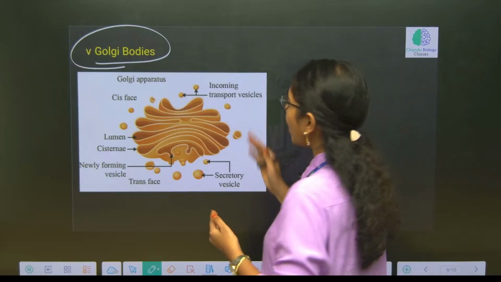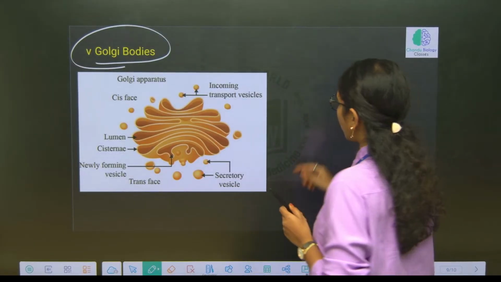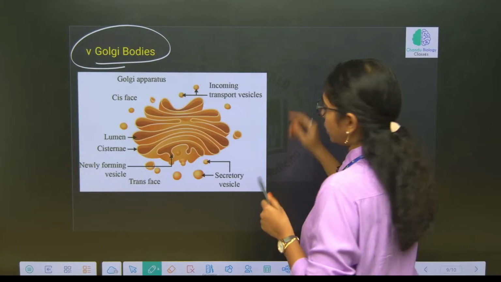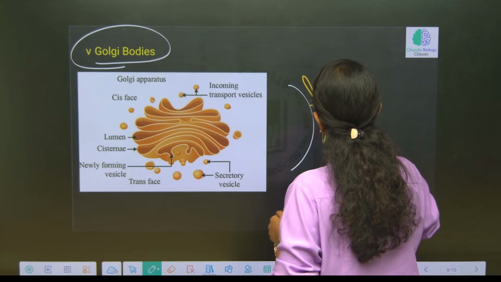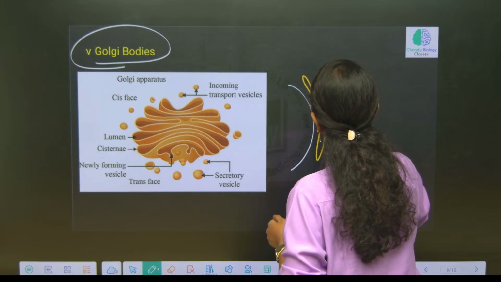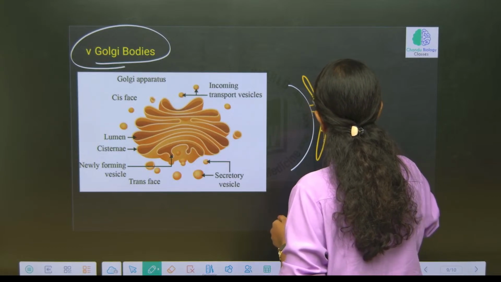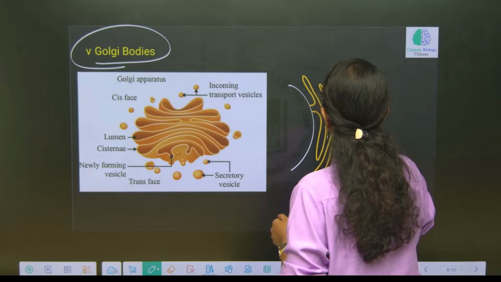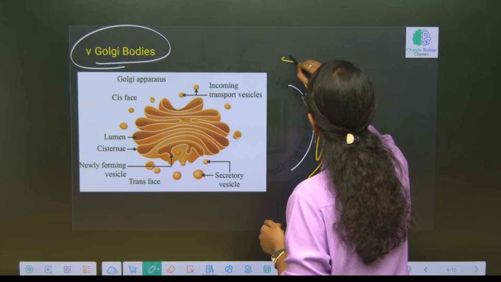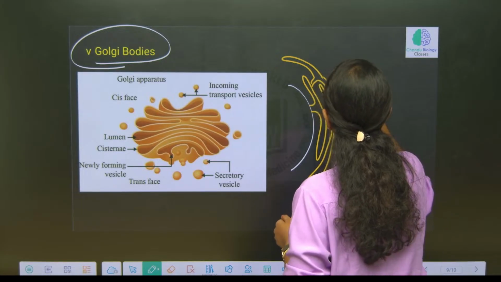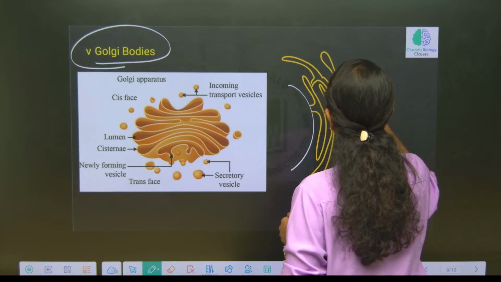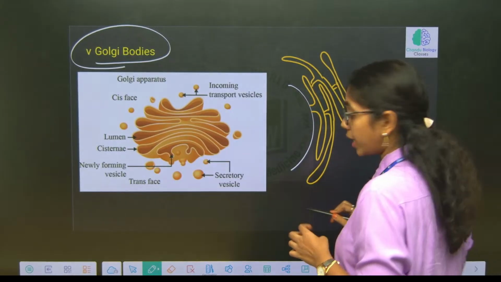If you look into the structure of Golgi bodies, close towards the nucleus, we have looked into the endoplasmic reticulum, smooth endoplasmic reticulum and rough endoplasmic reticulum.